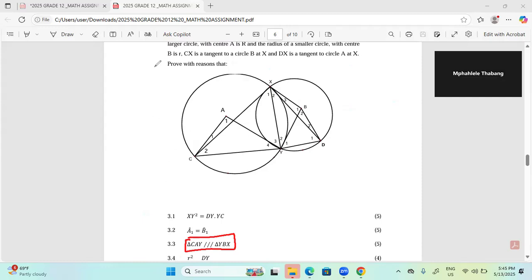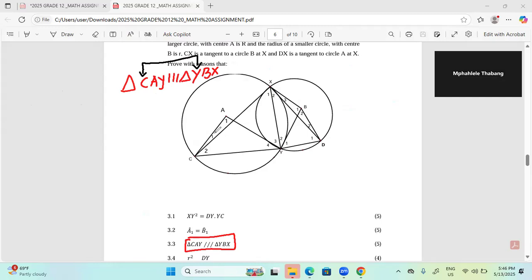So we want to prove that the triangle CAY is similar to the triangle YBX. Okay, proving similarity of triangles is easy. Focus on angles. So I will say to you, check if angle C is equal to angle Y. So let's check.